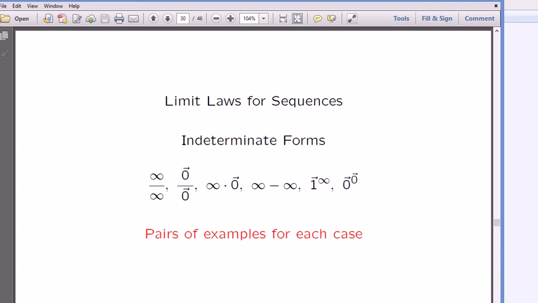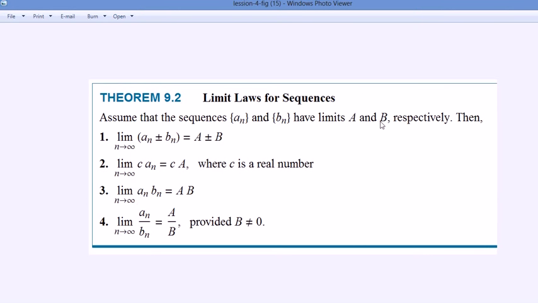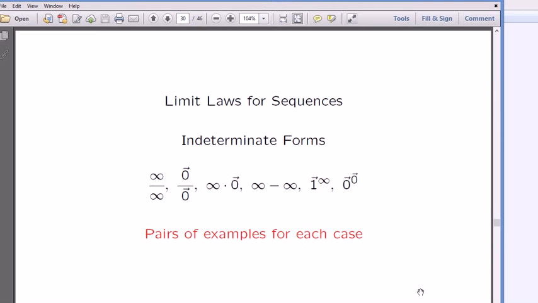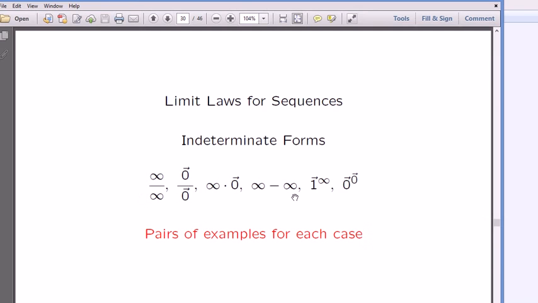They're both supposed to approach numbers here, A and B, not infinity, so that one is also excluded. Infinity minus infinity doesn't come from A minus B, because A and B are supposed to be actual numbers. So that doesn't apply. One approaching and raised to infinity is a bit tricky, but that's also an indeterminate form. You probably met this one in calculus 1 when you calculate limits.